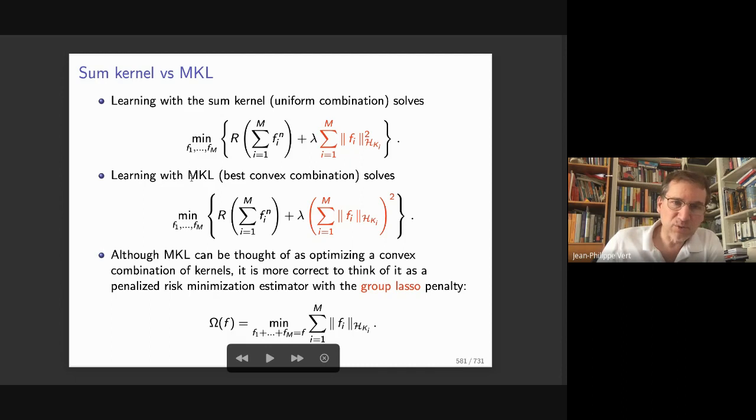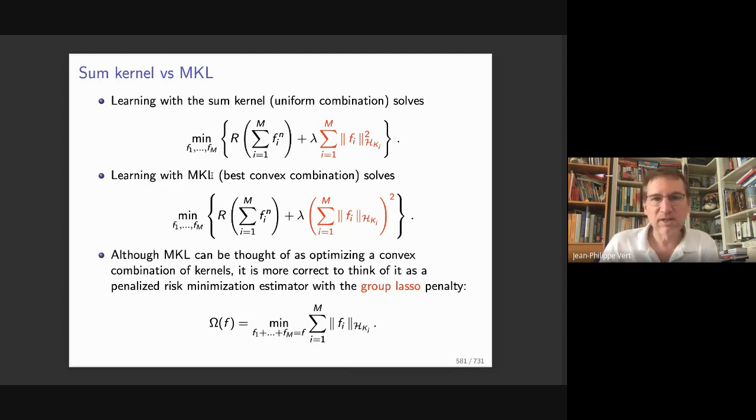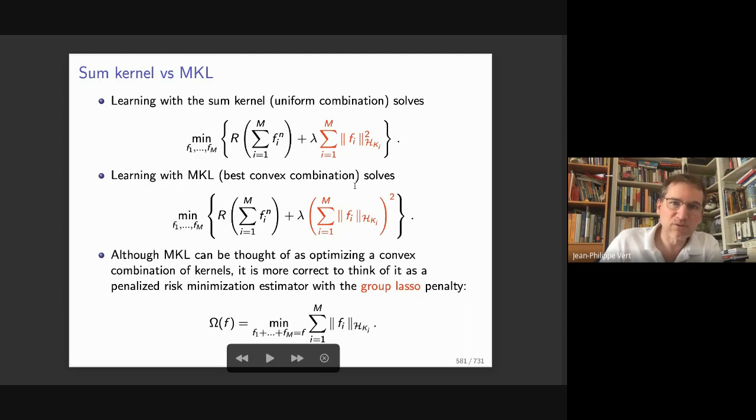Or what happens when you do multiple kernel learning, meaning you have this iterative procedure that optimizes the etas until convergence. At the end of the day, it seems like you have solved a single SVM, but with a weighted kernel. So the two problems solve two optimization problems in the RKHS which are quite similar and only differ by the regularization, which is either the sum of the square norms or the square of the sum of the norms.